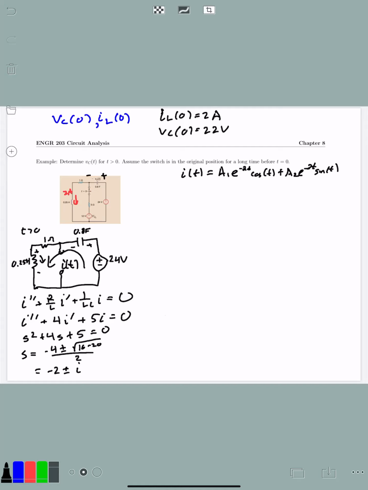And the problem is that they did not ask us for I of t, they asked us for VC of t. Well, okay. One thing we know is that if you have I of t through a capacitor, you can find the V of t through the capacitor by using this formula from chapter 6.